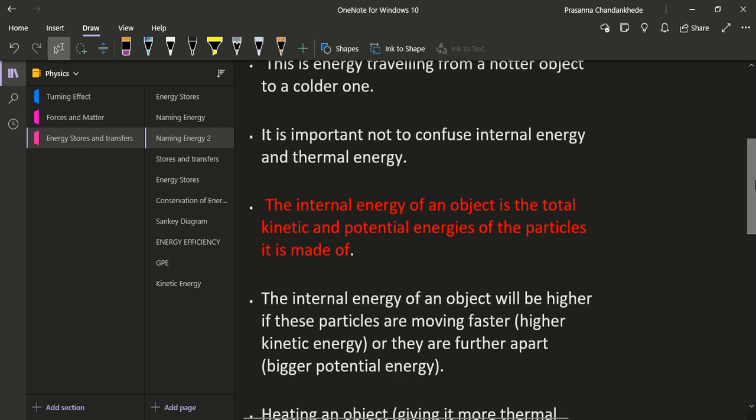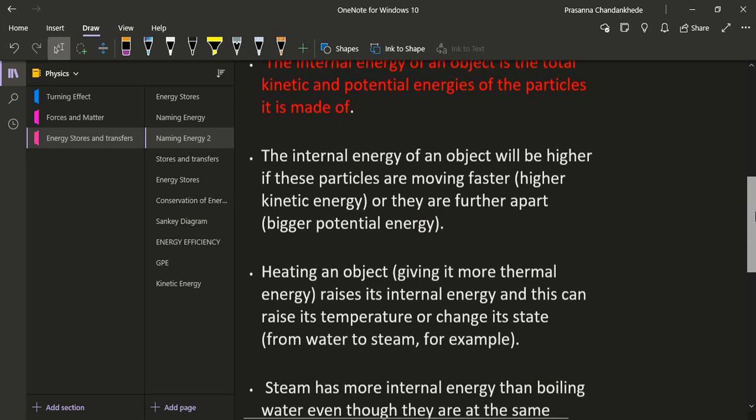The internal energy of an object is the total kinetic and potential energies of the particles it is made up of. The internal energy of an object will be higher if these particles are moving faster, higher kinetic energy, or they are further apart, bigger potential energy. Heating an object gives it more thermal energy.